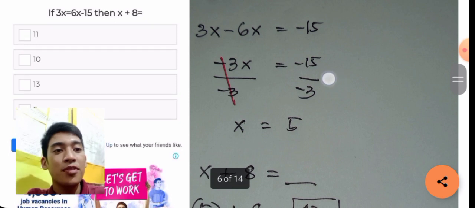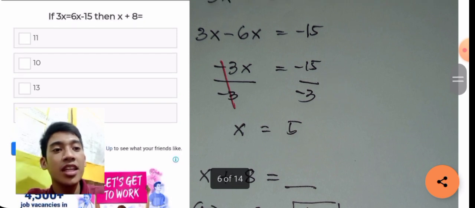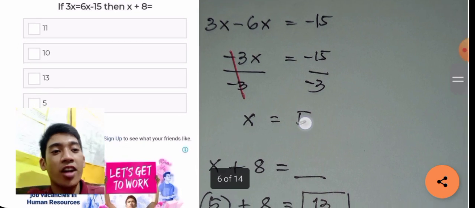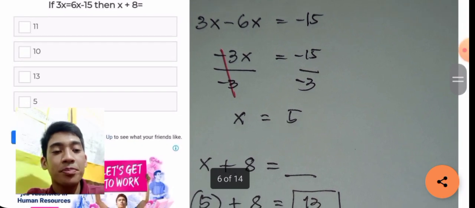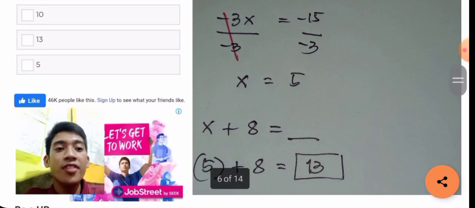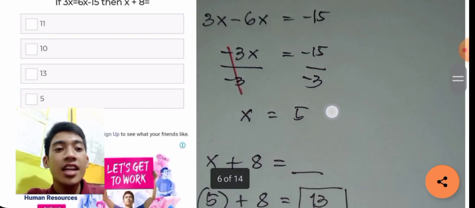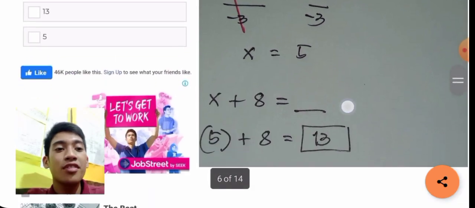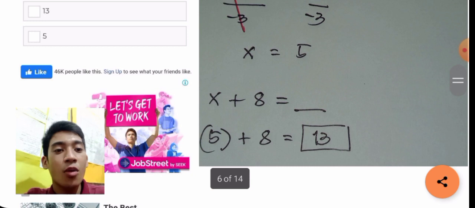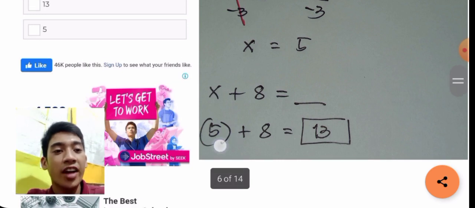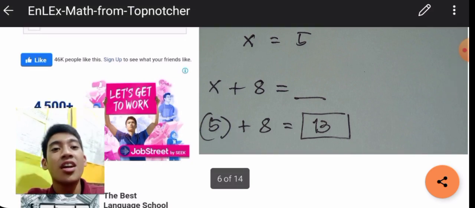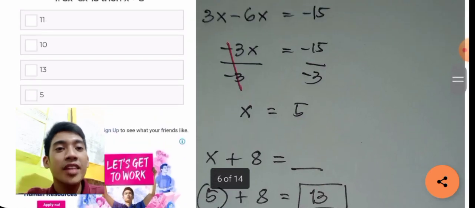Negative 15 divided by negative 3 will give us positive 5. Now, x plus 8: substitute your x, 5 plus 8 will give us 13. So x plus 8 will give us 13.